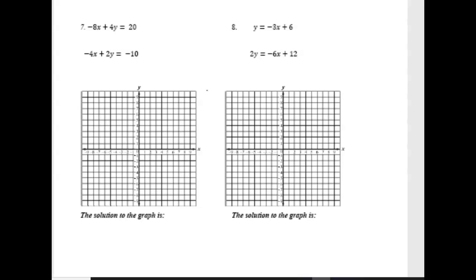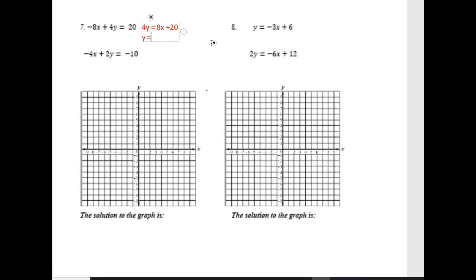Okay, over here we have our next example. So once again, I can kind of look at these and say I could put in y equals mx plus b. I can leave as is. So if we move it to y equals mx plus b, we have 4y equals positive 8x plus 20. Divide both sides by 4.